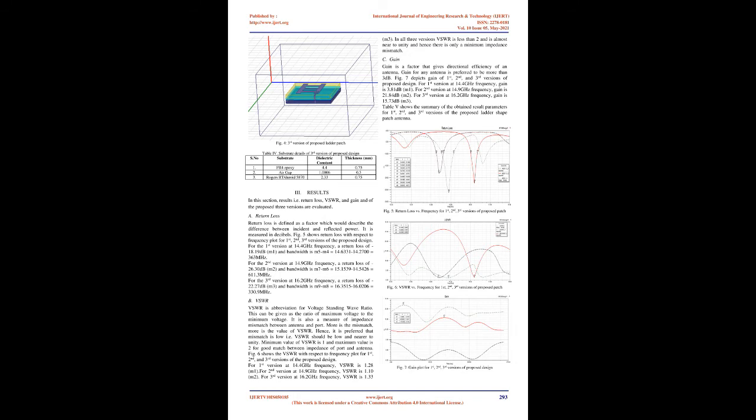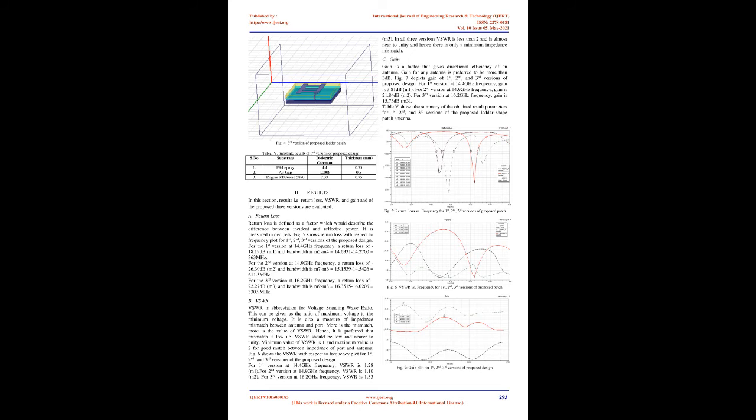Rogers RT/duroid 6006 has a dielectric constant of 6.15 with a thickness of 1.5 mm, and Rogers RT/duroid 5870 has a dielectric constant of 2.33 with a thickness of 1.5 mm. So, the total thickness of substrate used in the 2nd version is 3 mm. Fig. 3 shows the design and number of substrates used in the second version. Table 3 shows the details of the substrate for the second version of the proposed design.